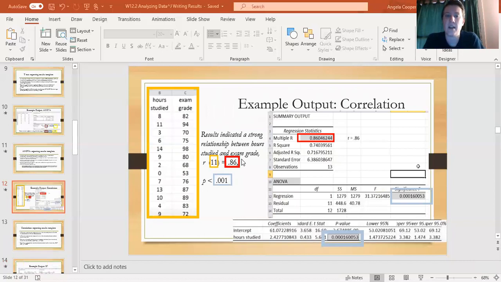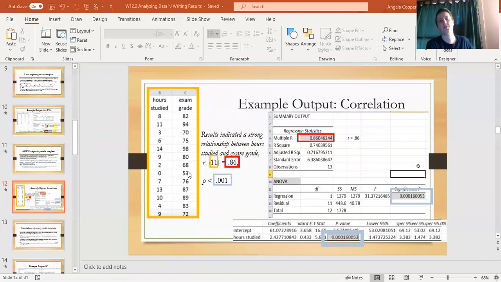Anyway, here is correlation. So we have hours studied and exam grade. We're just looking at the correlation between how many hours people study and their exam grade. And again, I have it labeled here. Let's see, how many people: 1, 2, 5, 6, 7, 9, 10, 11, 12, 13.